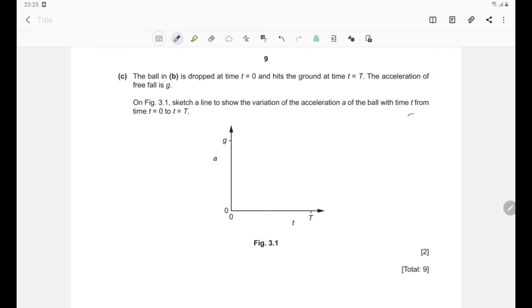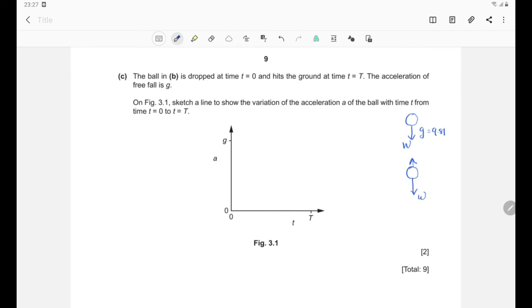As you know, the ball is falling downwards. Initially its acceleration is equal to g, that is 9.81, because there is only one force acting, that is its weight, which is acting downwards. But because of the presence of air resistance, while the ball is falling downwards, weight will still be acting downwards, but there will be a resistive upward force which will keep increasing.